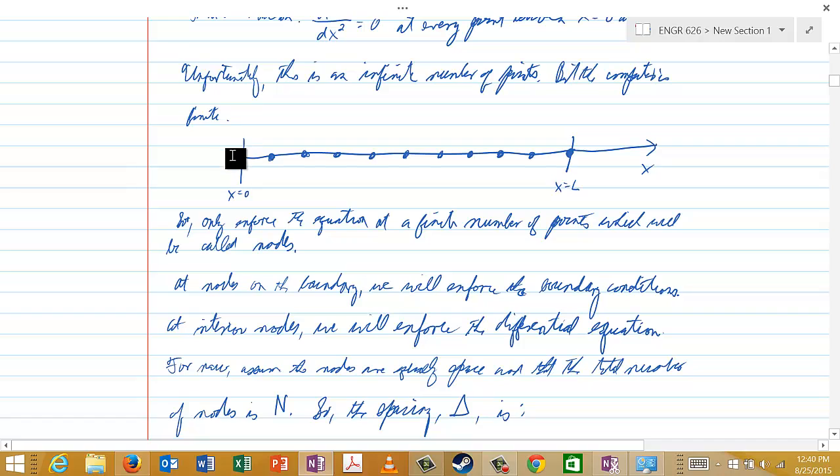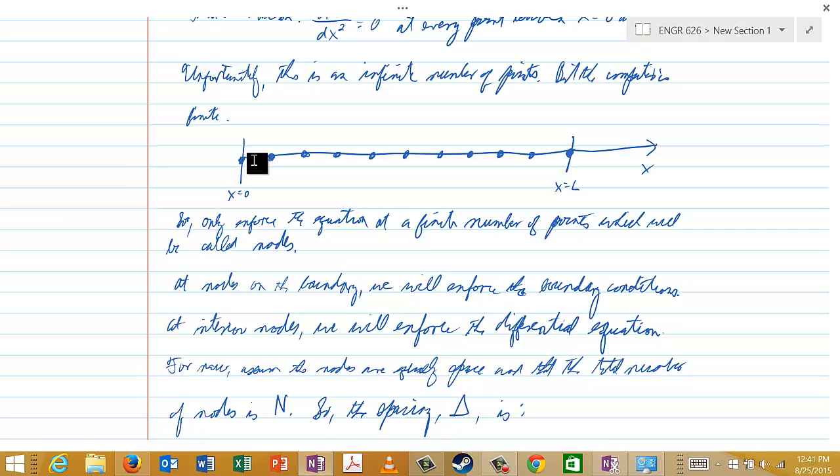And so you can notice here that we've put one node at the left endpoint, one node at the right endpoint, and then we have other nodes in between. We can refer to these as interior nodes, and the two nodes on the boundary are sometimes called boundary nodes. We can assume right now that the interior nodes are evenly spaced.